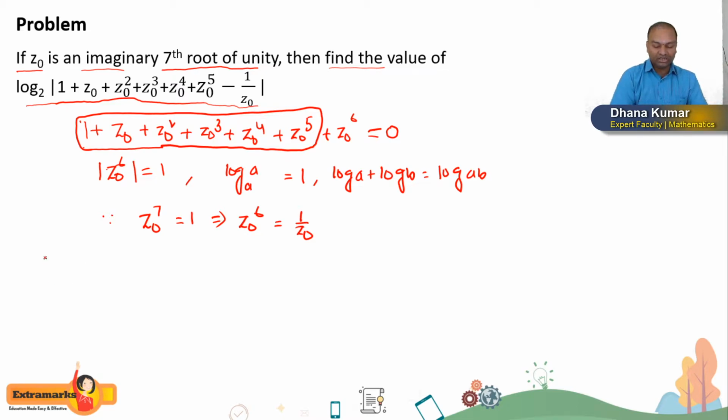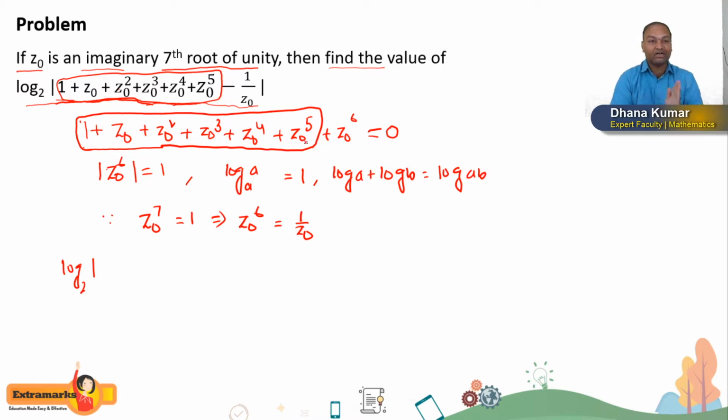Okay, fine. Let us see the given problem: log to the base 2 of the modulus of 1 plus Z0 plus Z0 square plus Z0 cube plus Z0 power 4 plus Z0 power 5. Instead of this value, I am writing the answer using this equation.